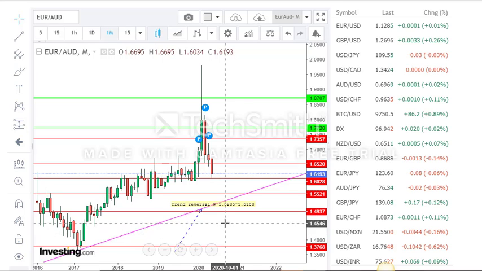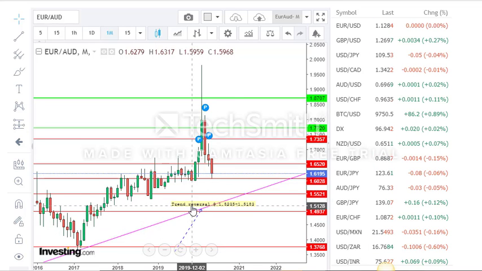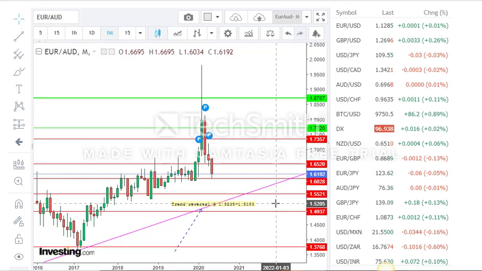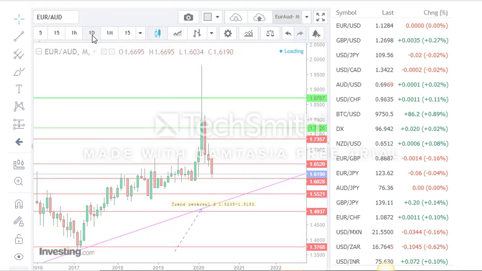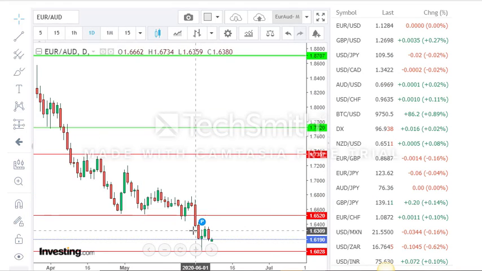We'll only be able to tell that also through time, but basically between 1.5235 and 1.5183 is where we want to look for whether or not this trend reversal is going to happen. And again, same as the other pairs, you want to look for those windows of opportunity when you see consolidation.